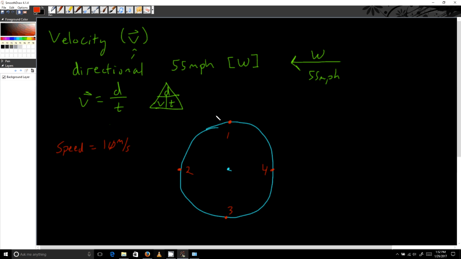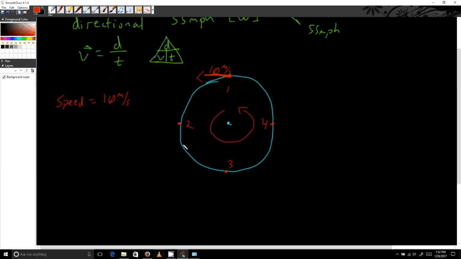second. Well, what that means is if I draw in the velocity vectors at each of these 4 points, and let's say we're going counterclockwise here. On this point in the track, I'm driving in this direction, and so my velocity points in this direction, 10 meters per second.